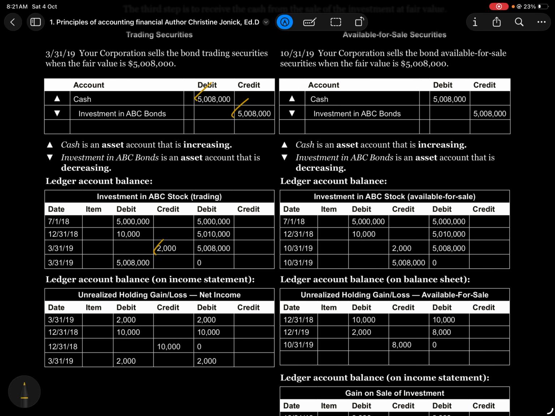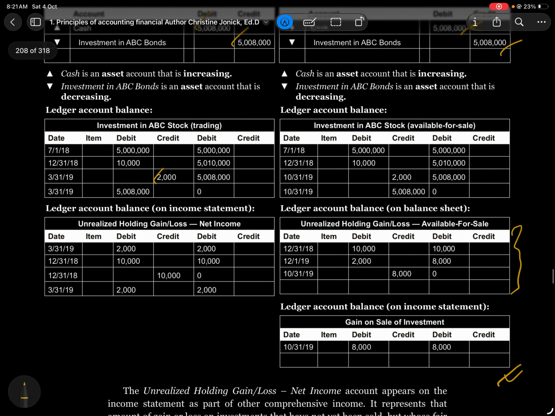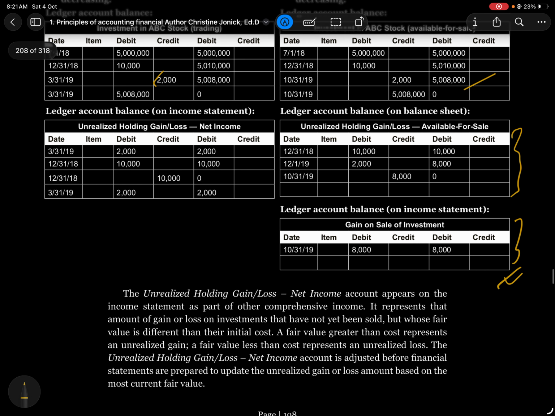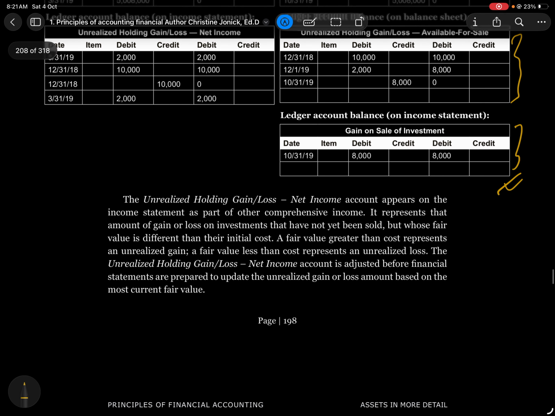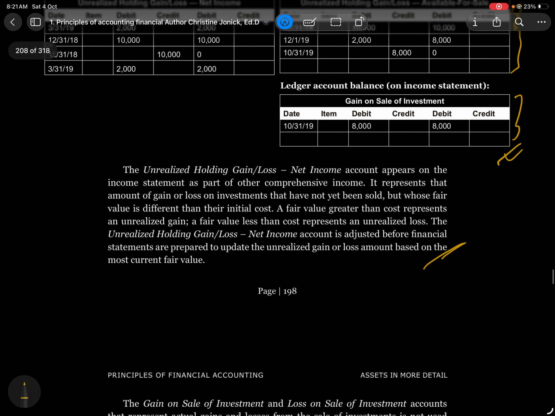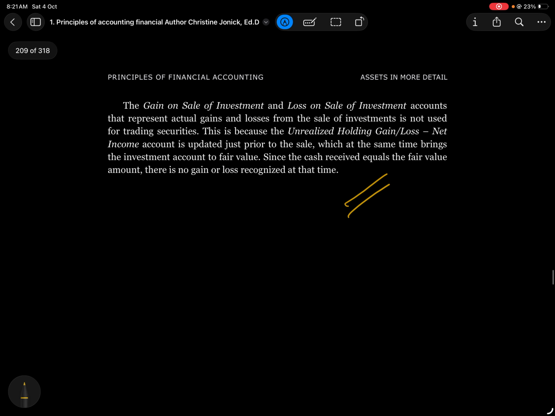Okay, so whatever is available for sale, right, whenever we receive 50,800, that will be there. Normally unrealized gains and losses are already booked, so that's why we can simply expense out this value. Okay, so that's how we can account for all these assets.